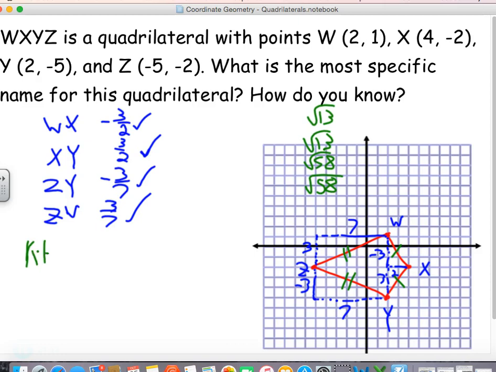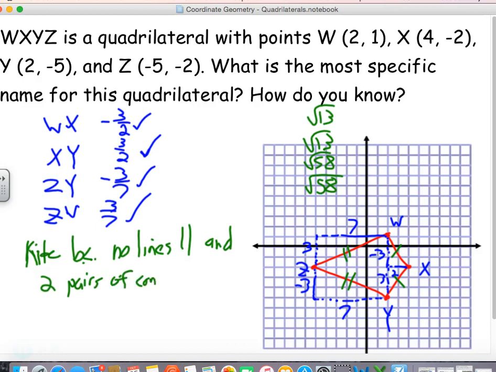So I can say it's a kite because no lines parallel and 2 pairs of consecutive sides congruent. All right, so that's all I'm going to do for that.